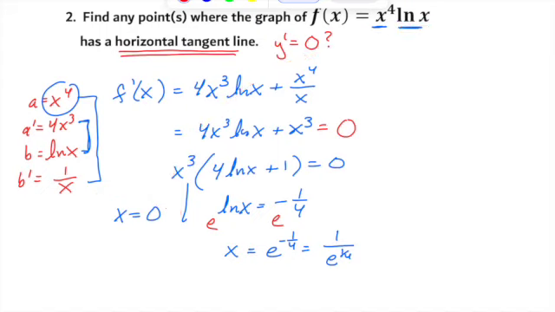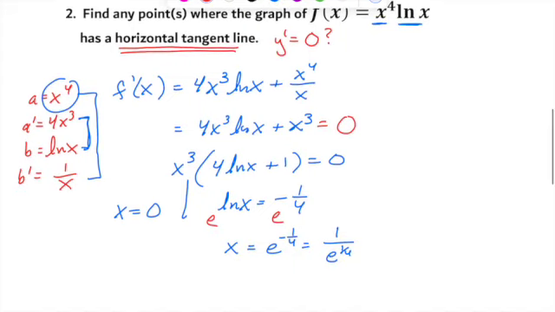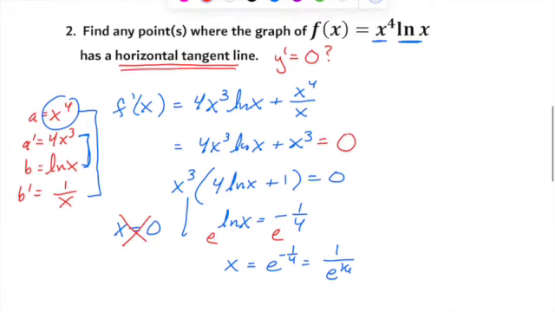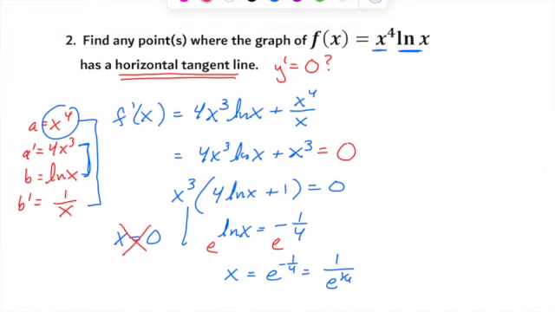If it's been a while since you've done some things with logs, like since last year in pre-calc, you might take note that the domain of a log function is that the inner expression, the argument of the log, must always be greater than 0, can't even be equal to 0, because then you're saying e to what power gives you 0, and nothing exists. So x equals 0 is not in the domain, so it's not going to be a valid solution here.